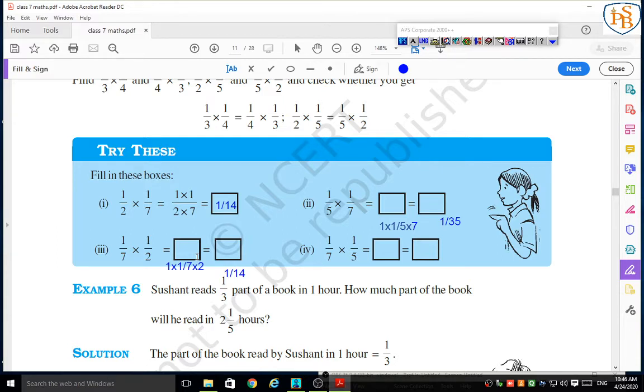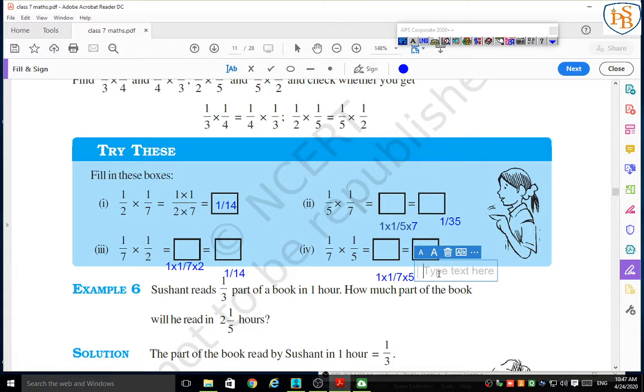Now we are going to move forward. That is the fourth question. What do we have to write in the next step? The question is 1 upon 7 into 1 upon 5. Here we write 1 into 1 upon 7 into 5.